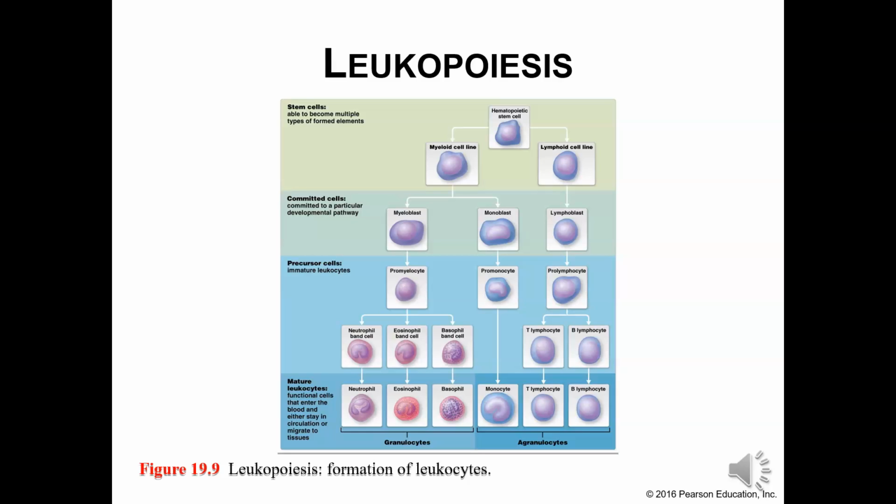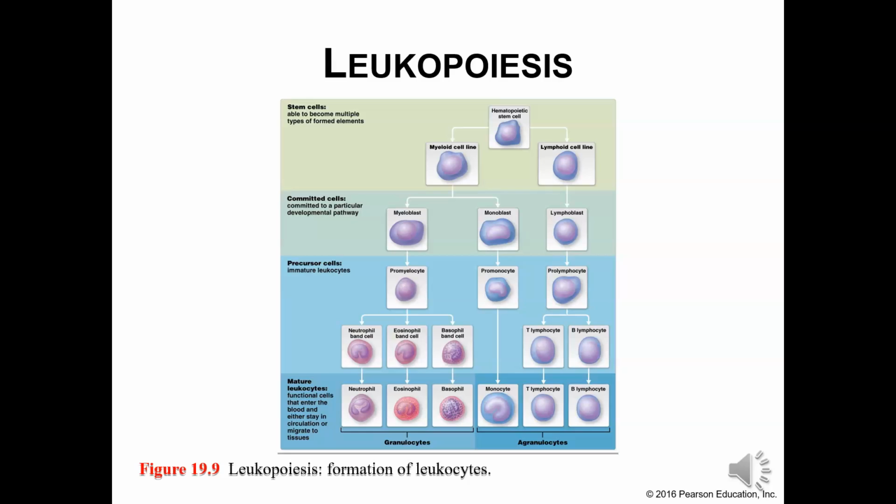And I'll have a lot of images of eosinophils that I've taken from actual blood smears. And then your basophil band cell. These become basophils, with their dark purple granules, which remember can contain histamine. Now remember, the monoblast becomes a promonocyte. That's the precursor cell, which then matures into a monocyte. Remember, these are the ones that, when they get into the tissues, can differentiate into macrophages.